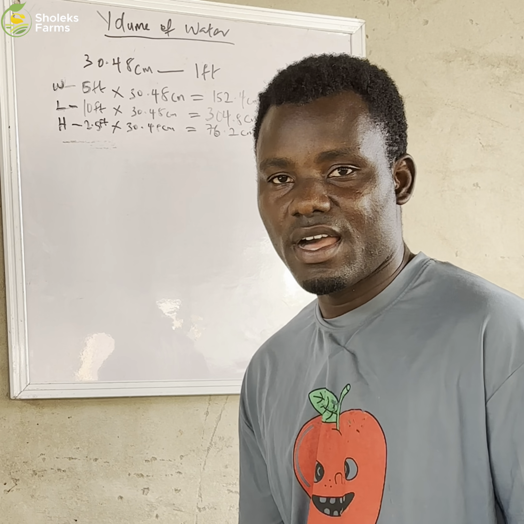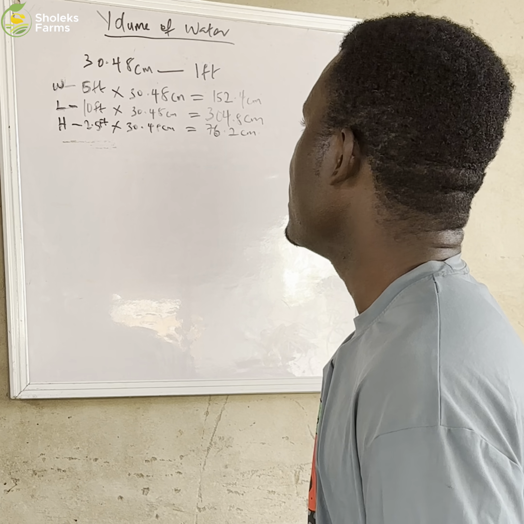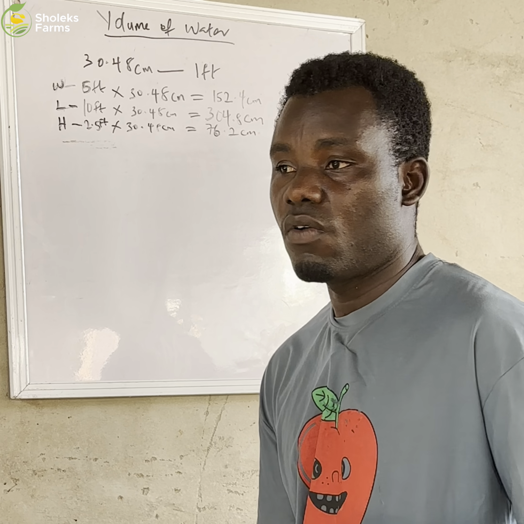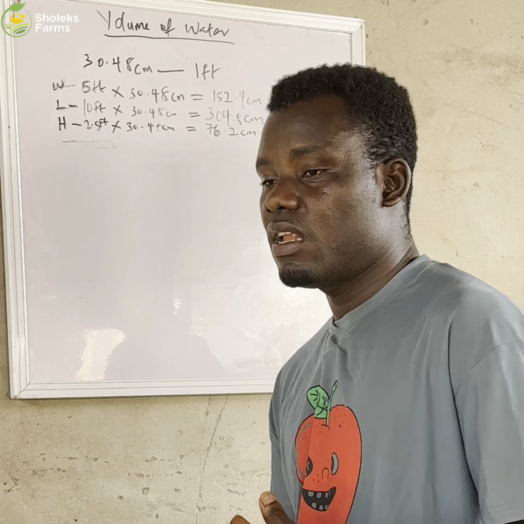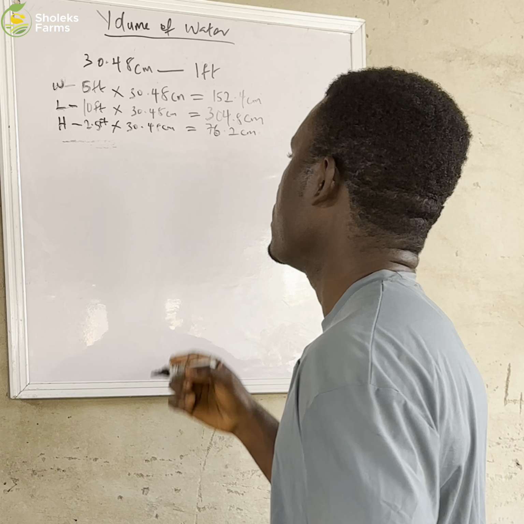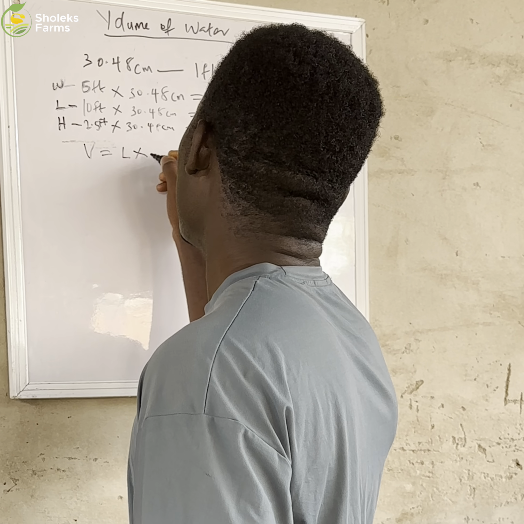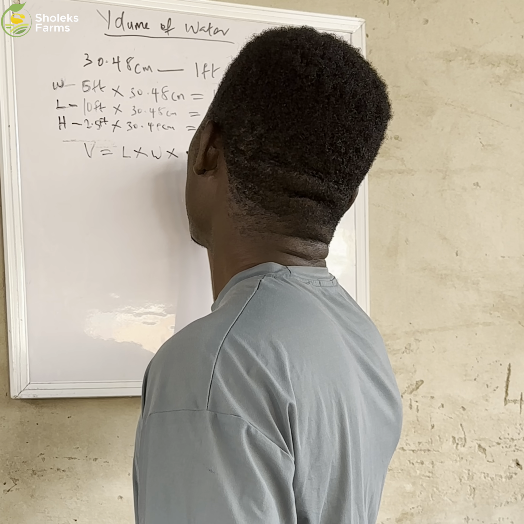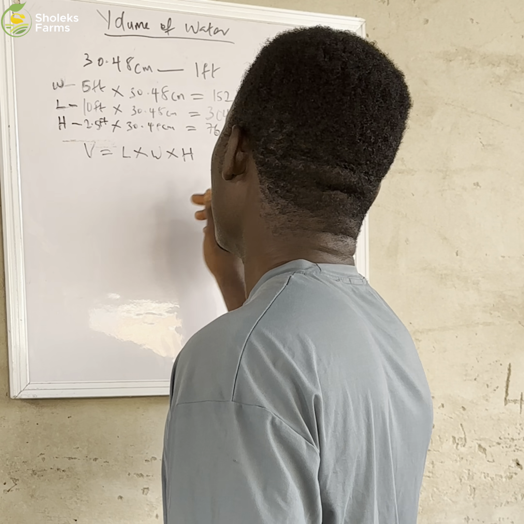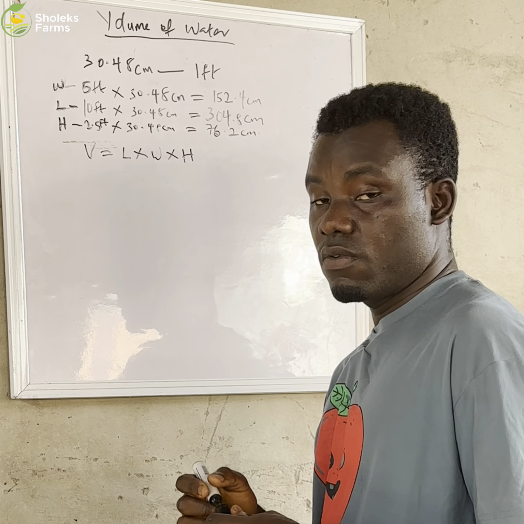Now we can go ahead and calculate the total volume of our water. So what is the formula for calculating the total volume of our water? We have length times width times height, which gives us the total volume.